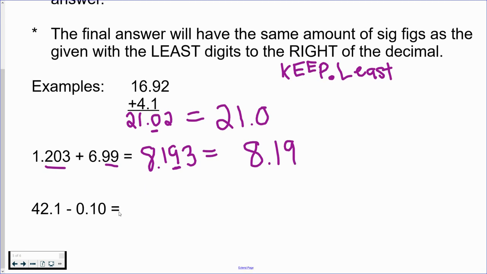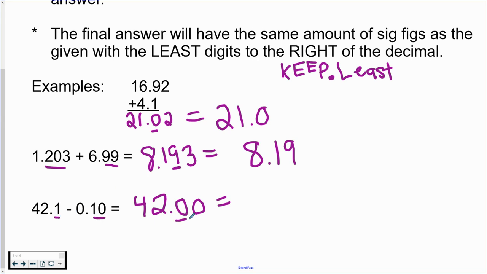Okay. The next question is a subtraction question. So we will subtract it. You'll get 42.00. When you round this, we're going to the least. So this has 1, this has 2.